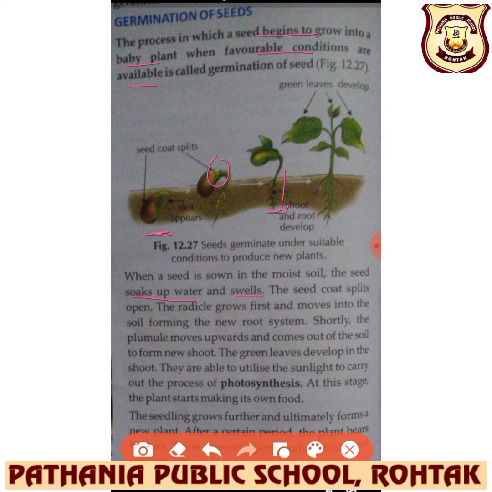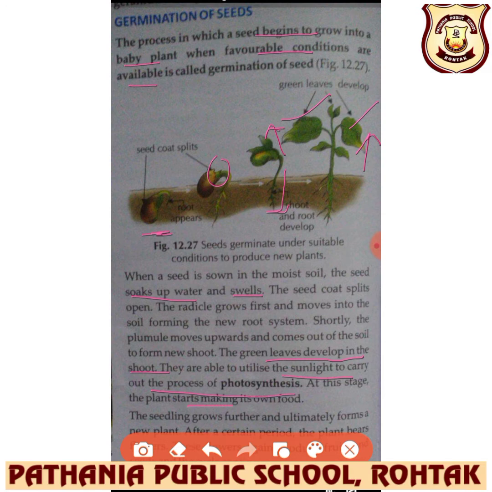into the new root system, and shortly the plumule also moves upward and comes out of the soil to form the new shoot, and the green leaves develop in the new shoot. You can see these green leaves are coming out in the shoot system. Now these green leaves will utilize the sunlight to carry out the photosynthesis process.